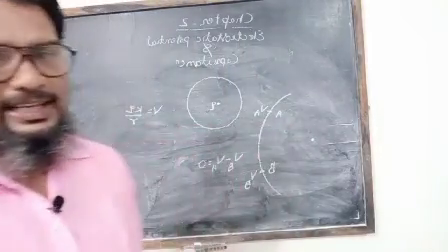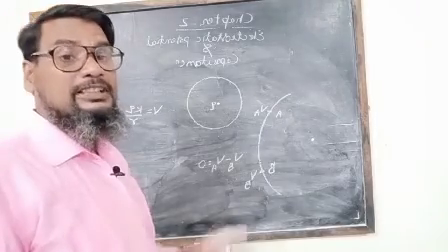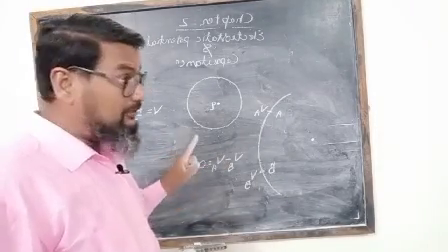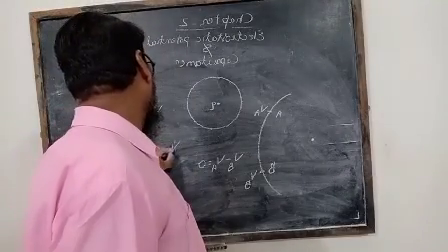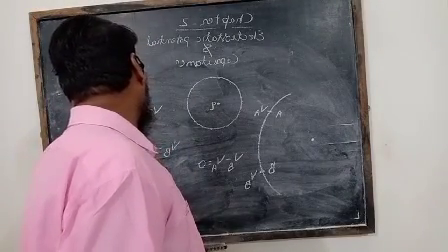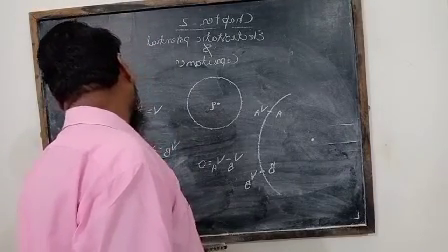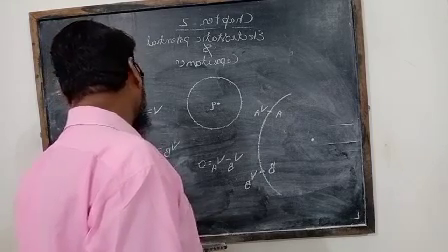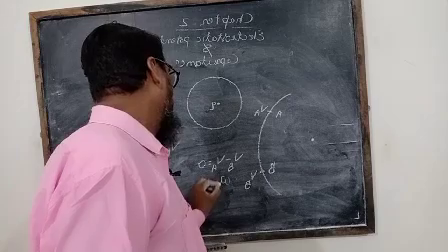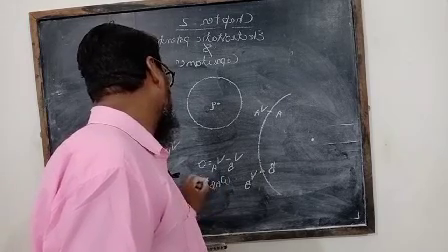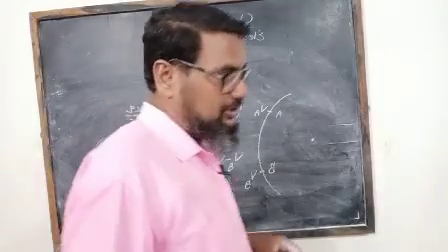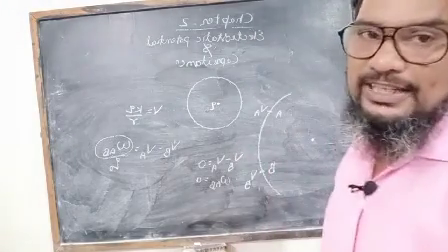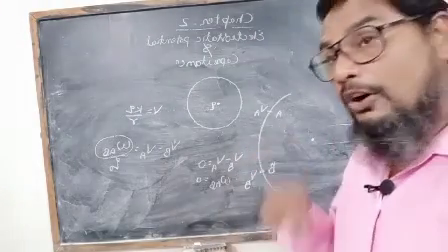Because the potential is the same, the potential difference between the 2 points is always 0, and we also know that VB minus VA is equal to WAB upon Q0, which means the work done will also be equal to 0 for an equipotential surface.